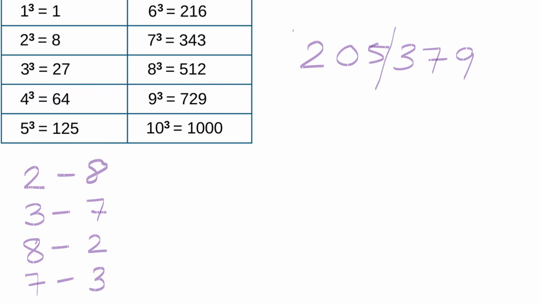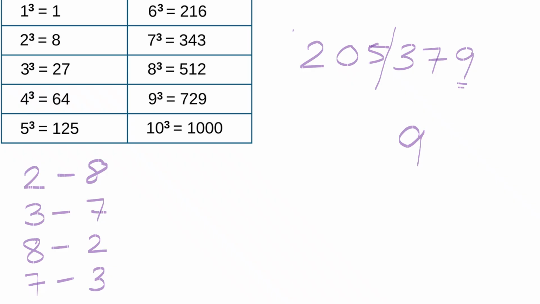Now for the right hand side, the last ending digit is 9. So the first digit of the cube root is 9. Now I will see 205. This 205 is between 125 and 216, that is between 5 and 6.